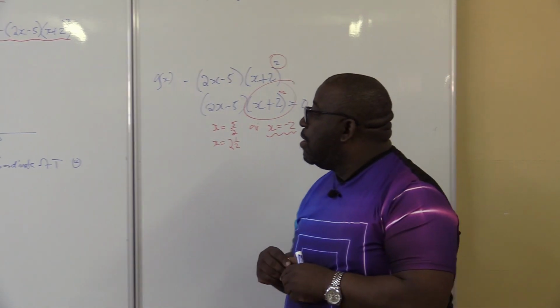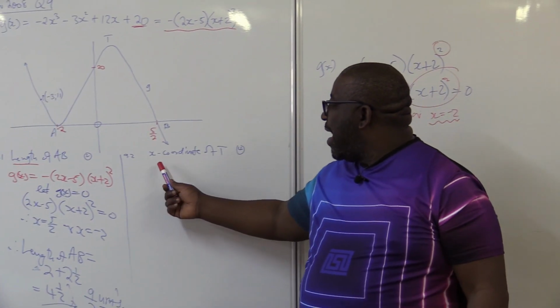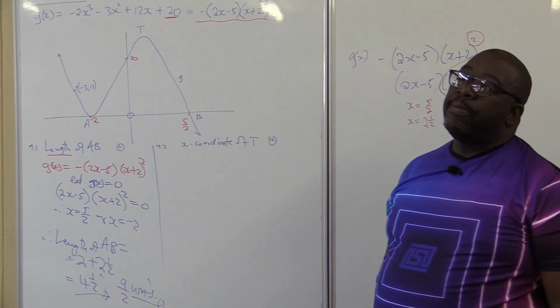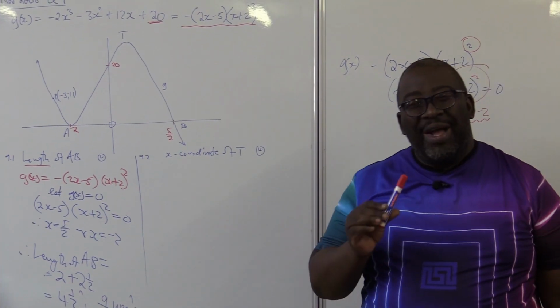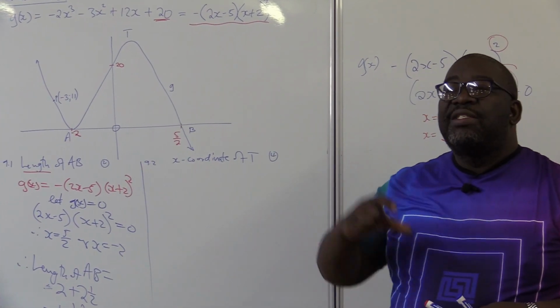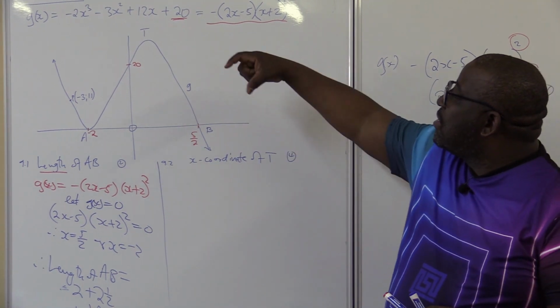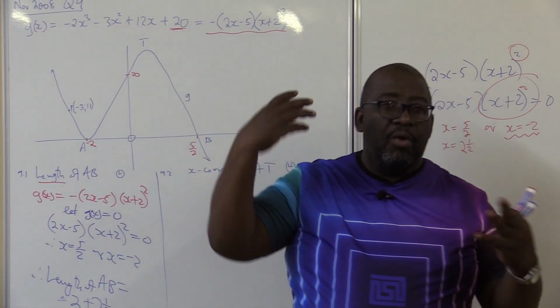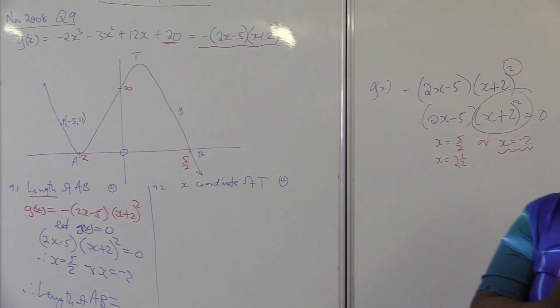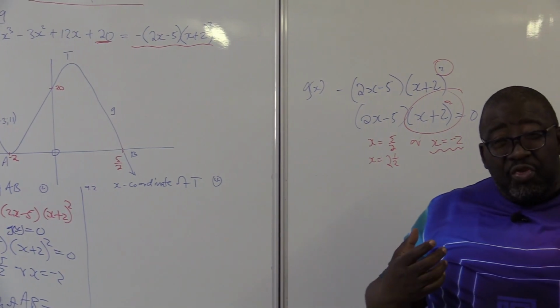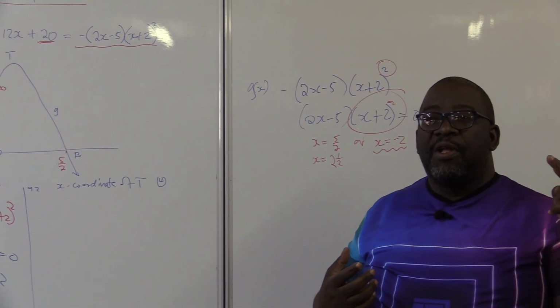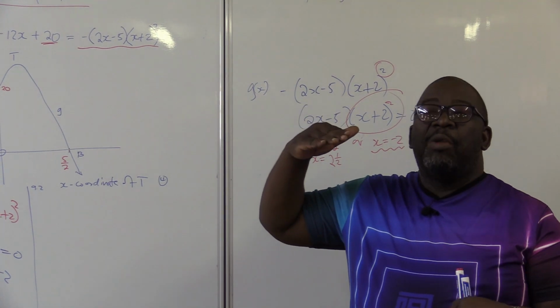Let's do this thing. This question is asking for the x-coordinate of T. What is T? T is the stationary point, the turning point. But I know that when we deal with cubic functions, we usually have 2 turning points, 2 stationary points: local maximum and local minimum.